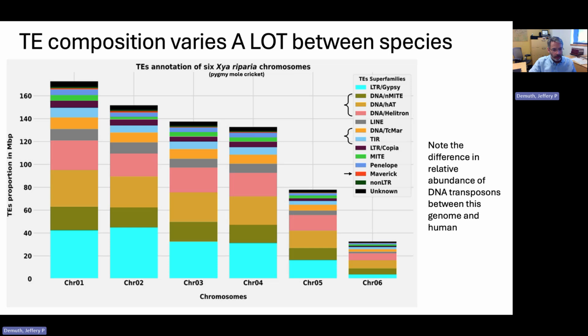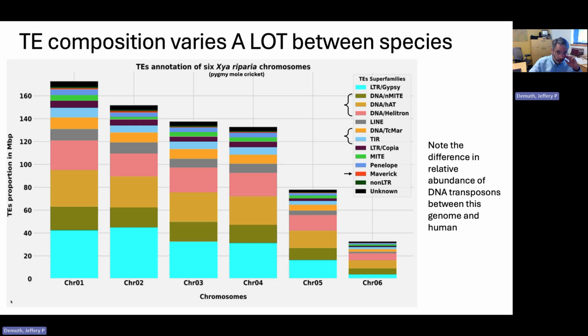That sort of pattern of high retrotransposon content is not universal. So here I'm showing you the TE composition of pygmy mole crickets, just one that I had handy. But the TE composition varies a lot, and it can vary a lot even between closely related things.